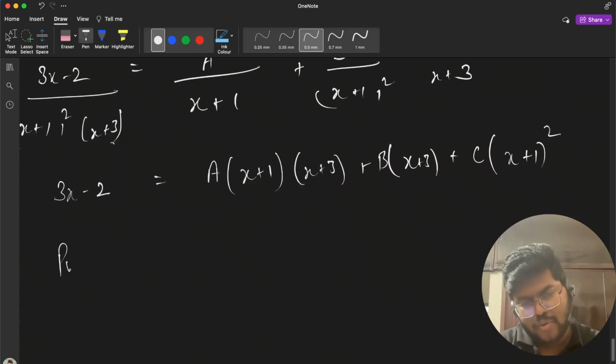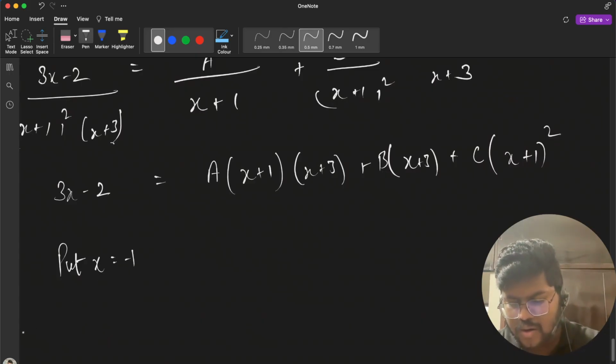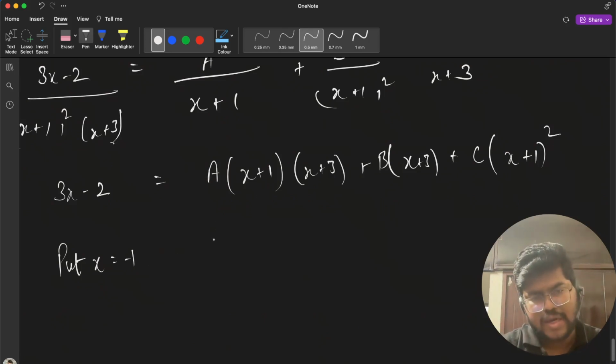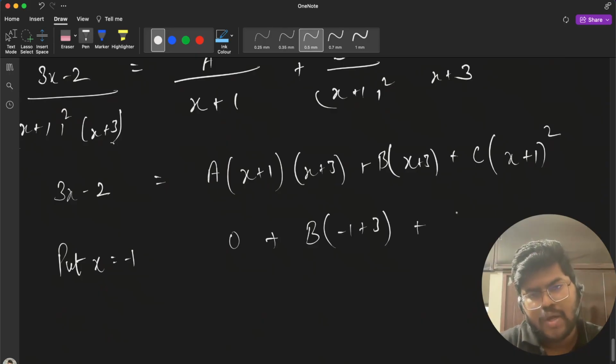Suppose we put x equal to minus 1. If we put x equal to minus 1, then a becomes 0, b becomes minus 1 plus 3, and c becomes 0.